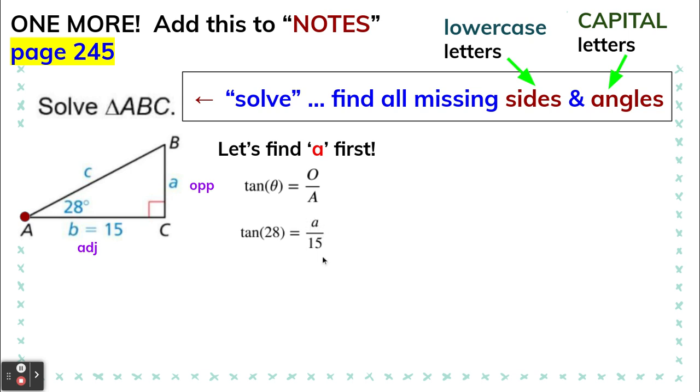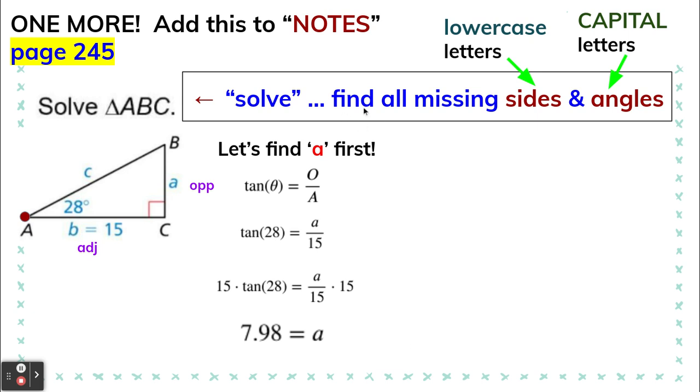This is a divided by 15, so we're going to undo that divide by showing times 15 on both sides. And these 15s will cancel, so I need some calculator help. I want you to try with me and verify. 15 times tangent of 28, and I got 7.98. So verify that with the calculator. Make sure your calculator is in degree mode, and that should be the correct answer.